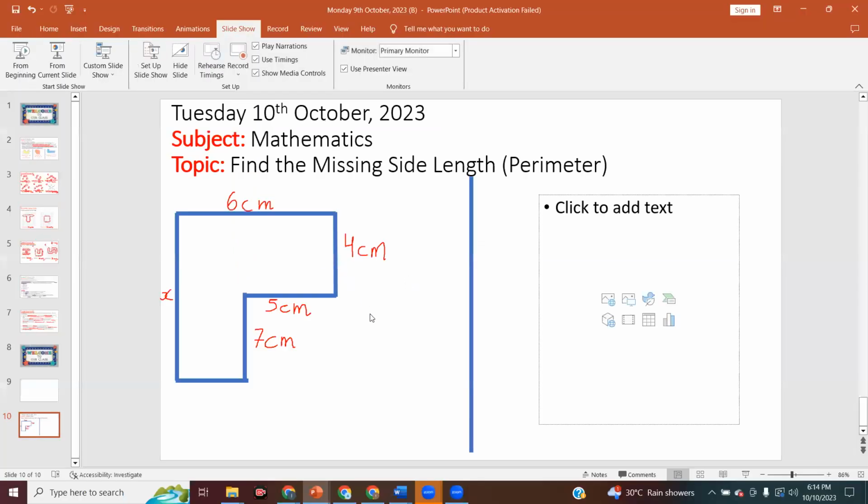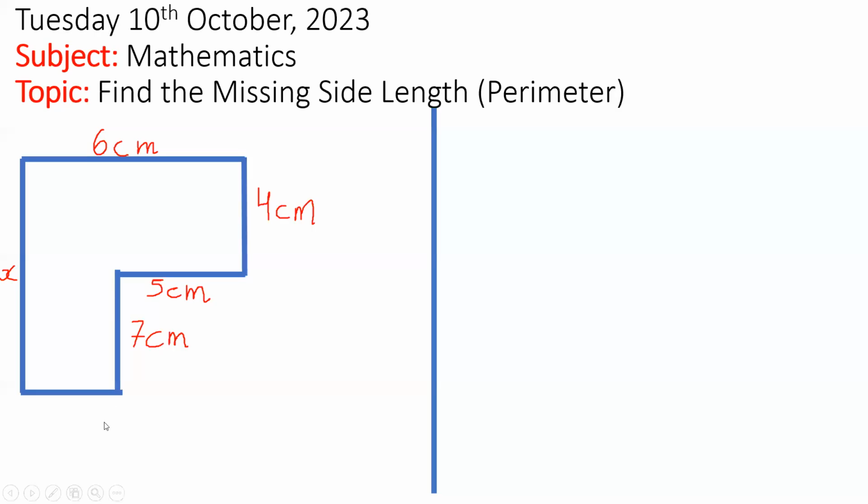So the question would read, so we have 6 centimeters, 4 centimeters, 5 centimeters, 7 centimeters. Oh, I need to fill in one more slot. And let's say that for the bottom part, this one is 3 centimeters.